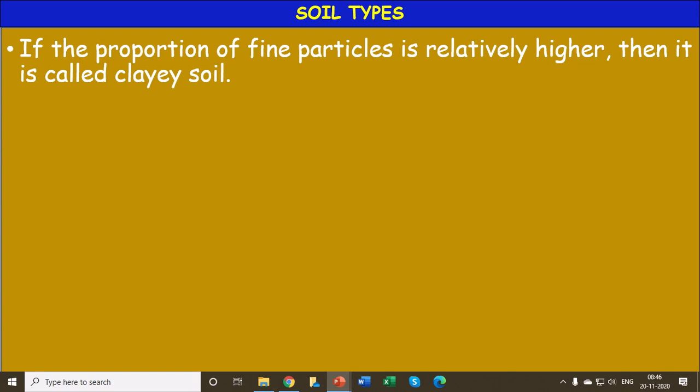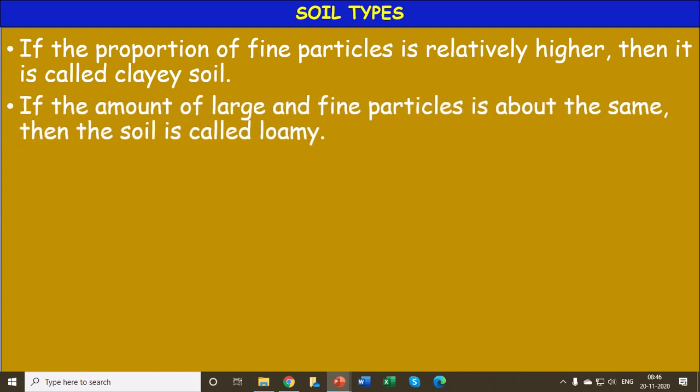So the mixture of rock particles and humus forms the soil. The amount of the composition in this mixture will determine the type of soil. If more sandy particles are present, then it is a sandy soil. If more fine particles are present, then it is called a clayey soil. If the amount of large and fine particles is about the same, then the soil is called a loamy soil.